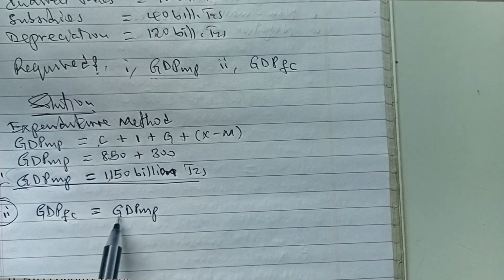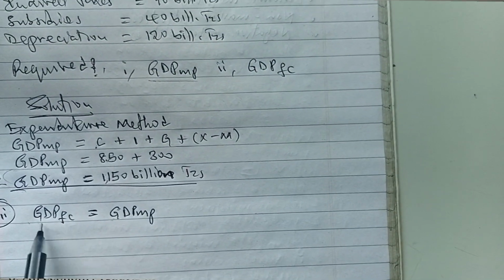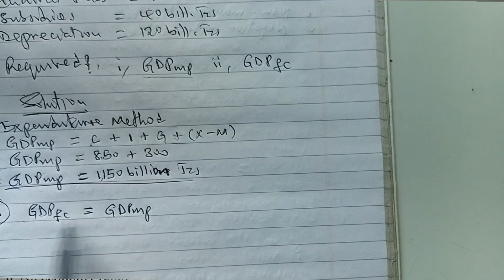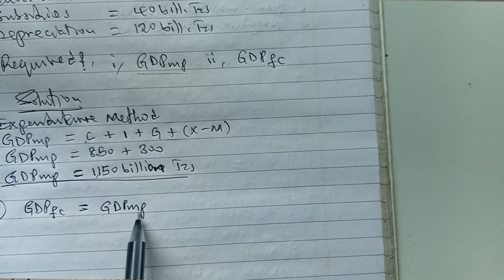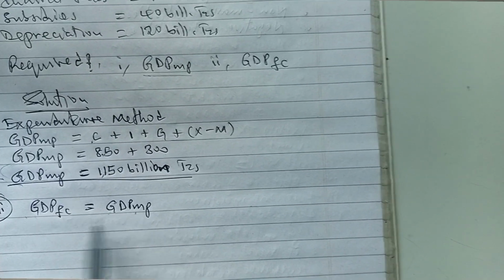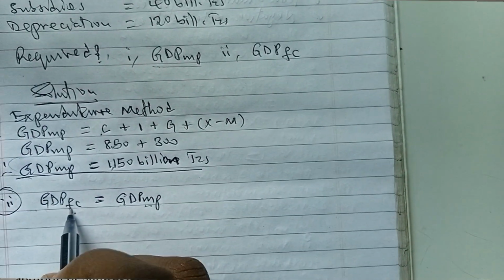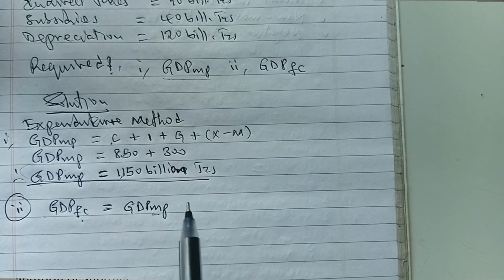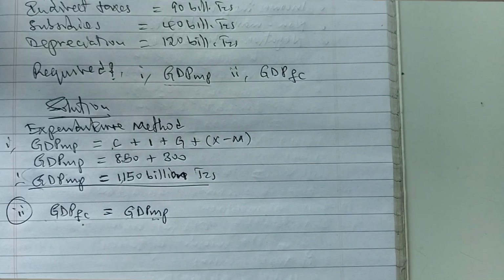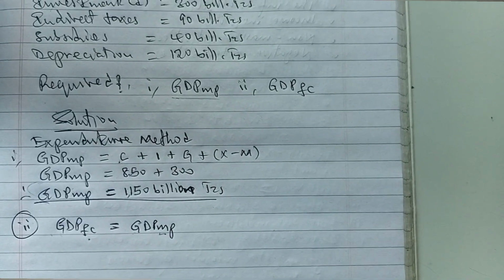You don't have to consider gross because we have domestic. So what we are going to convert is market price to factor cost. To convert market price to factor cost, you have to consider indirect taxes and the subsidies.